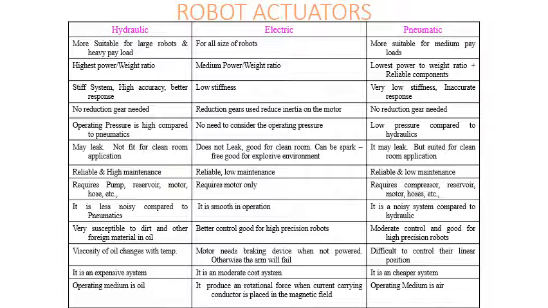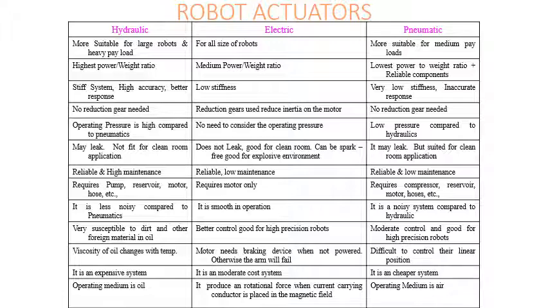In case of electric, the motor needs a braking device when not powered, otherwise the arm will fail. So if power is cut, a braking device is required in electric actuators so that the arm will not fail. If not, the arm or end effector will fail.